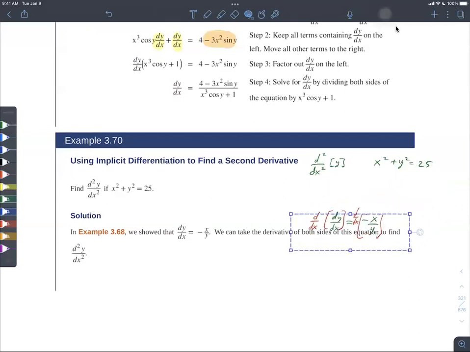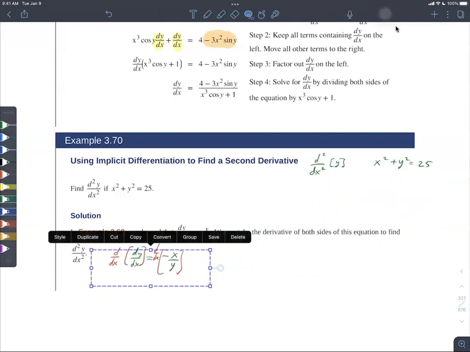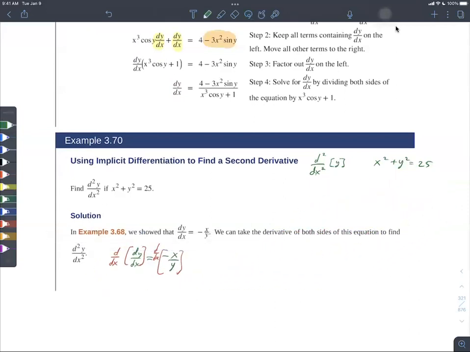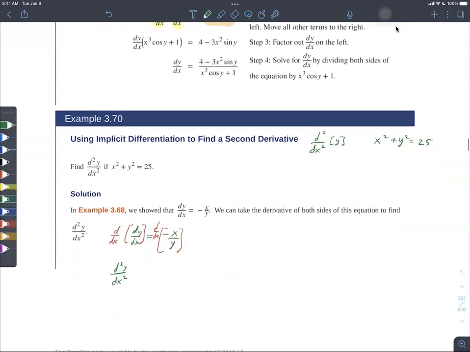On the left-hand side, the notation would be d squared dx squared, and then we're applying this to y. So this is the second derivative of y. Now, what are we going to have to use on the right-hand side? This is a quotient, so we're going to use the quotient rule. Remember, the quotient rule is f prime g minus g prime f over g squared.